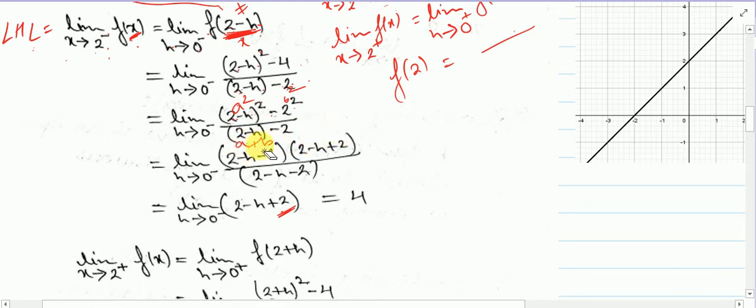Then you can see that these two will get cancelled and you are left with this. Now if you put h equal to 0, then your value will come 4.